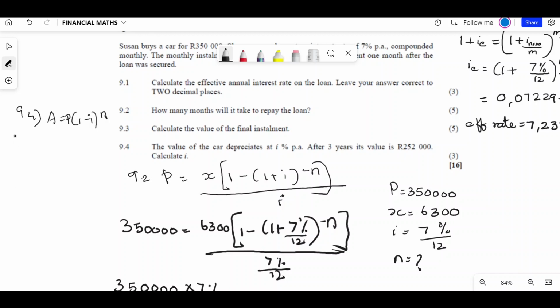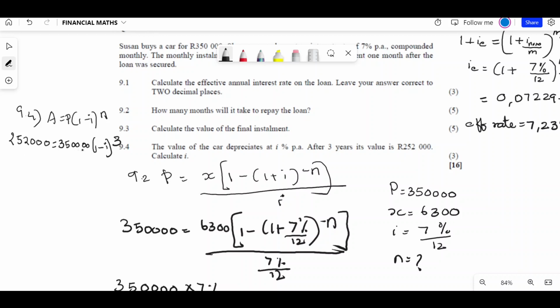Now after 3 years, it's going to be 252,000. The car that Susan buys is going to be this one, 252,000, but the original price of the car was 350,000 times (1 minus i), we don't know, that is what you are asked to calculate, after 3 years. Normal question.